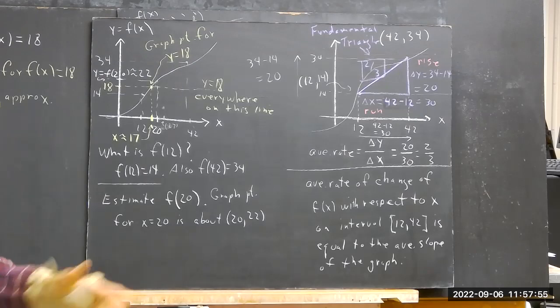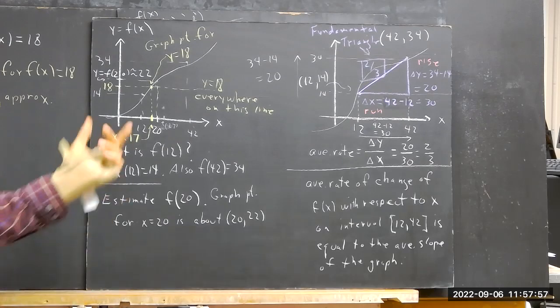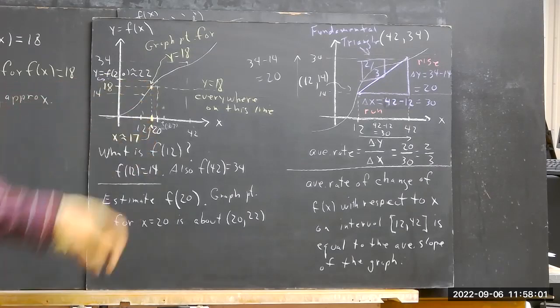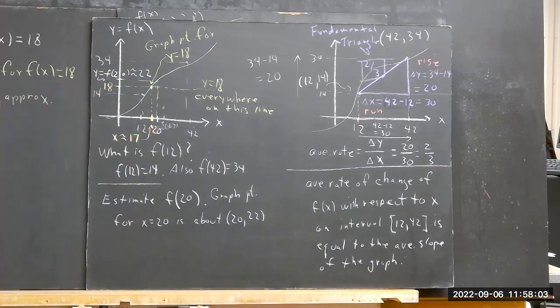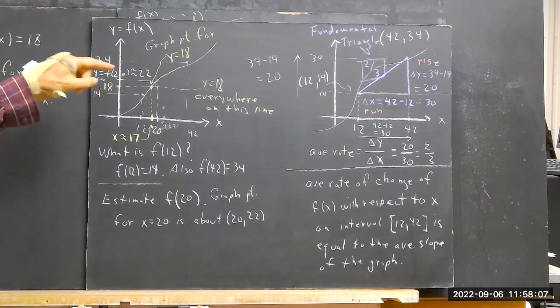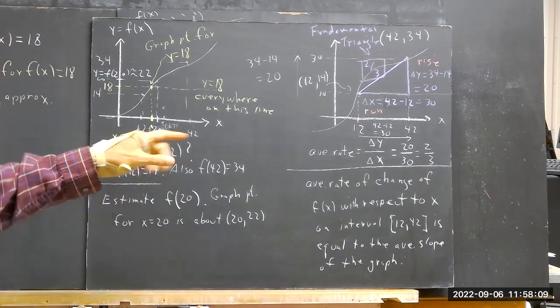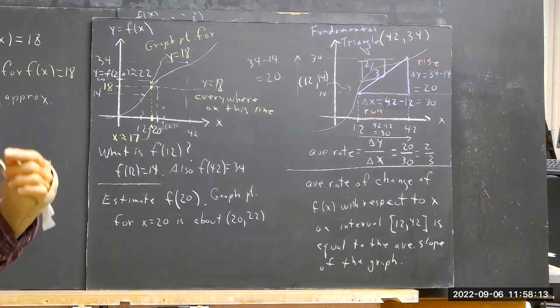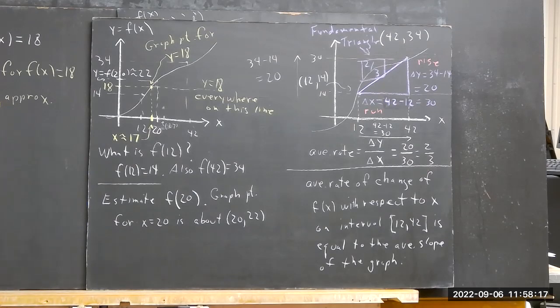If I was grading this very strictly, at this point I'd just be happy to see these projection lines and understand that f of x is 18 and x is 17, or whatever estimates you make of these points. Okay. That's a picture of a solution of this equation.